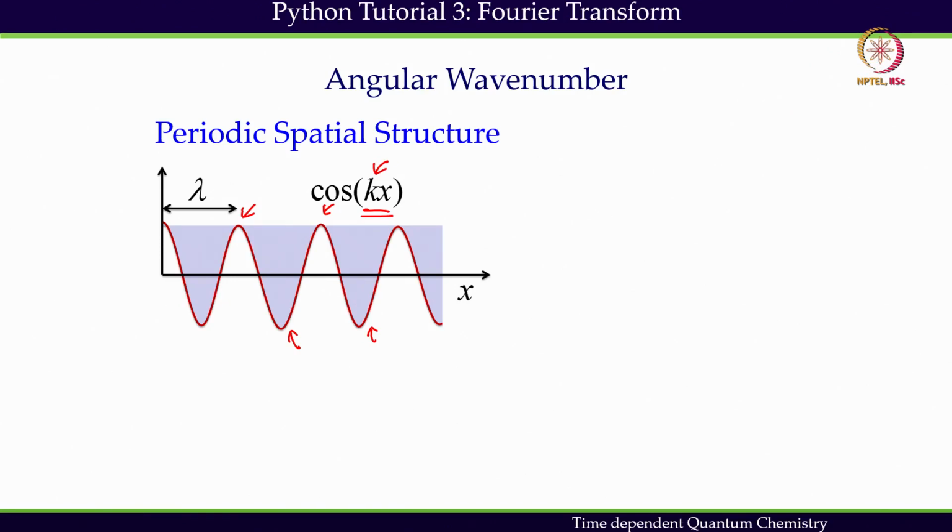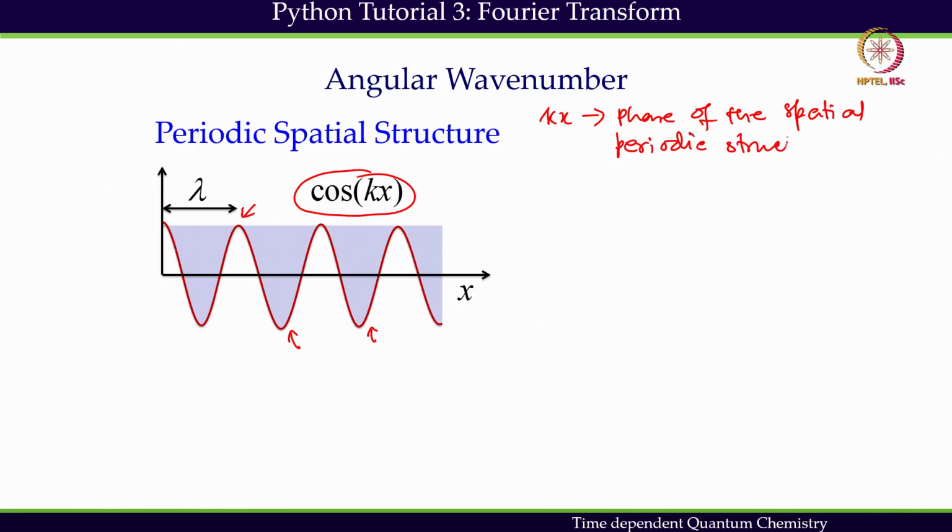So this periodic spatial structure can be represented by a simple cos(kx), and kx is going to be the phase of the spatial periodic structure.